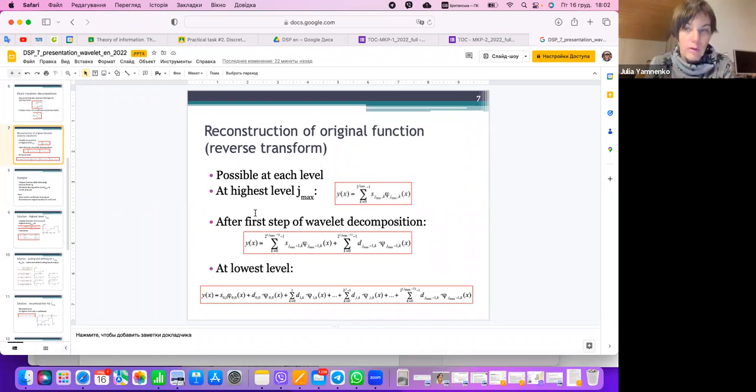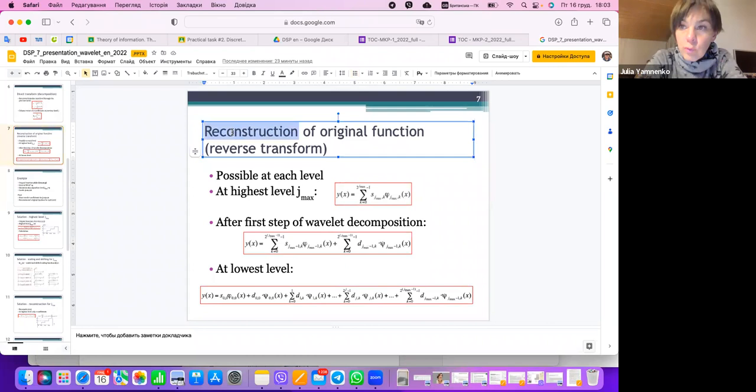It's like an inverse transform, but here we have not only one inverse transform like in Fourier, Hartley, Walsh and Hadamard transform. Here we have a way to come back from different points of decomposition. In terms of wavelet analysis, this is called reconstruction of the original function, like an inverse transform. And we can do it from the highest level, from the next level, and finally from the last zeros level.